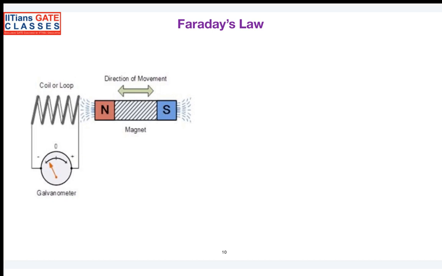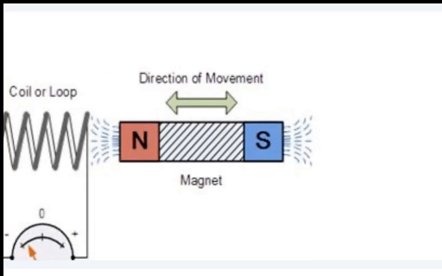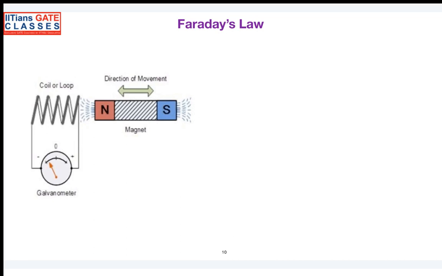Even though there is no current in this coil, the movement of the magnet creates a voltage in this loop. That is why you can see the deflection in the galvanometer. That is what is given by Faraday's law.